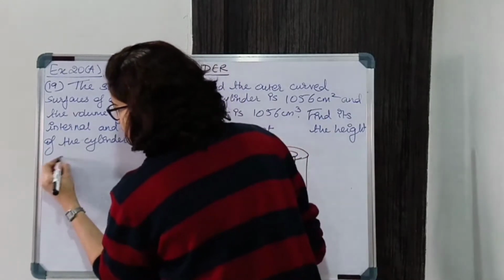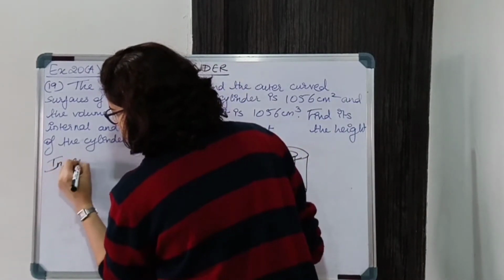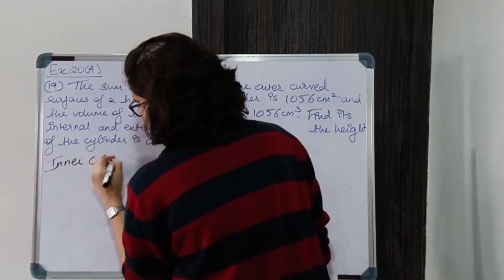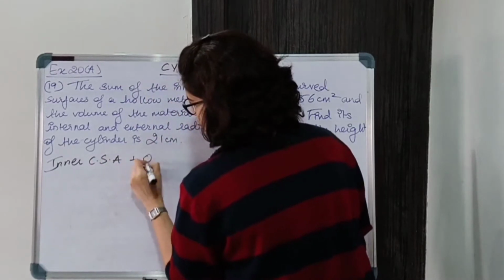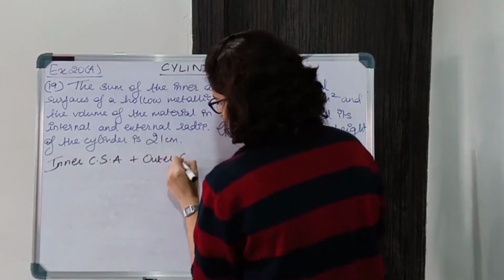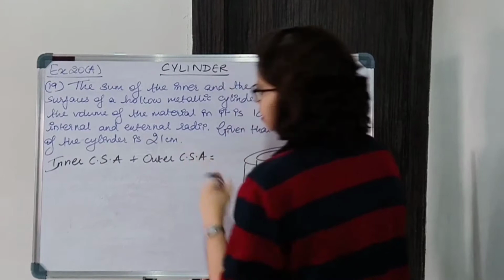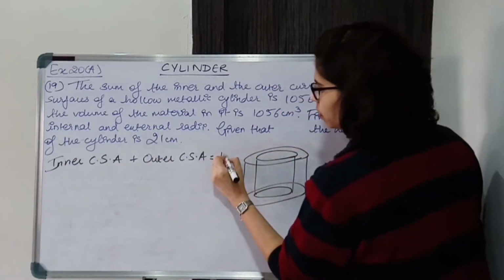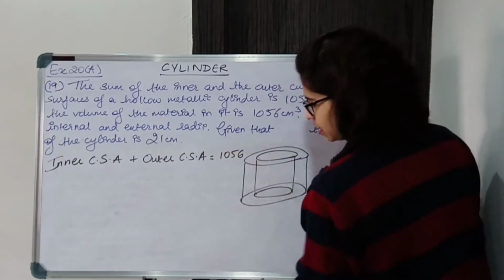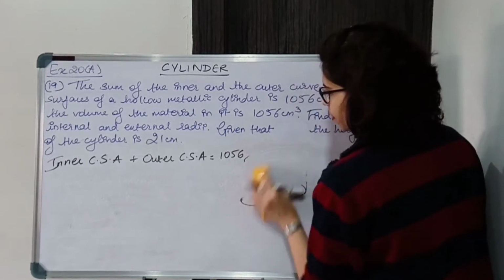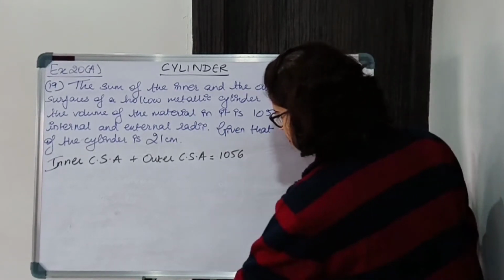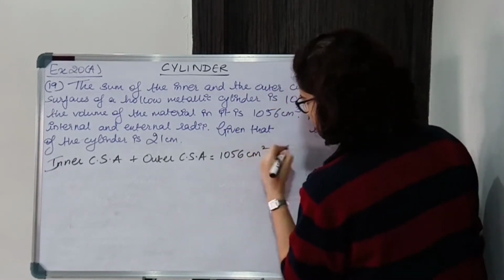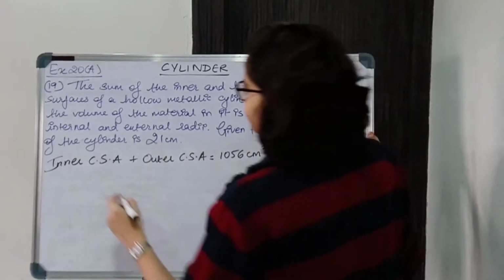That is, inner CSA plus outer CSA is equal to 1056 centimeter square.